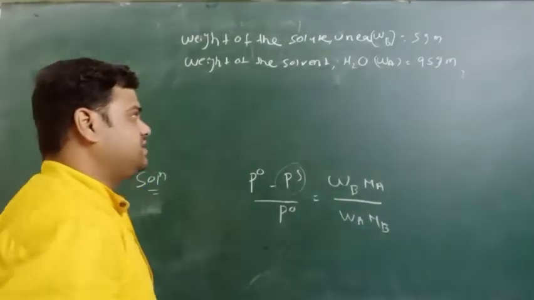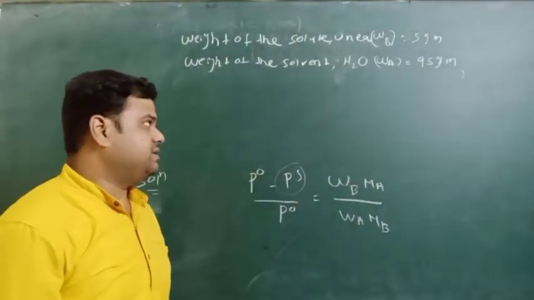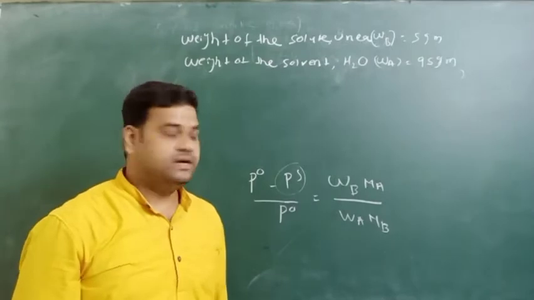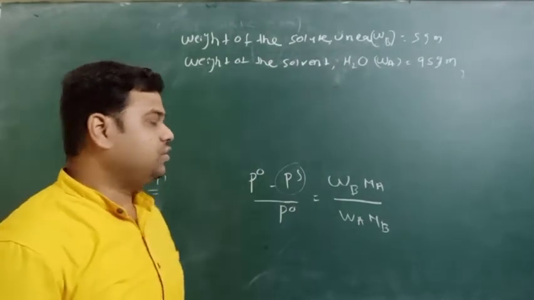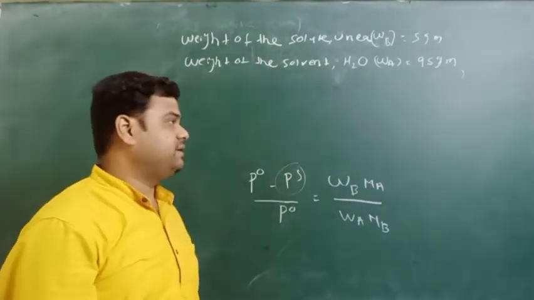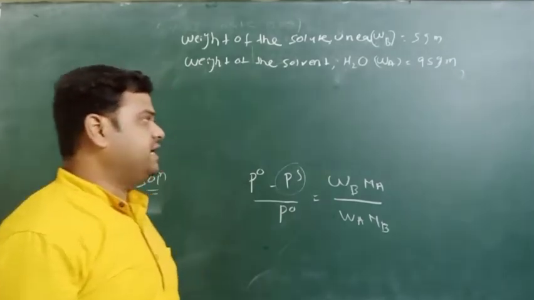The 5% means 5 grams and 95% means 95 grams. So the solute plus the solvent equals the solution: 5 plus 95 equals 100% of solution, or 100 grams of solution.